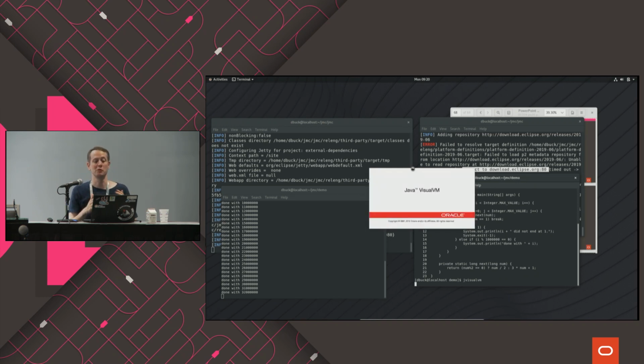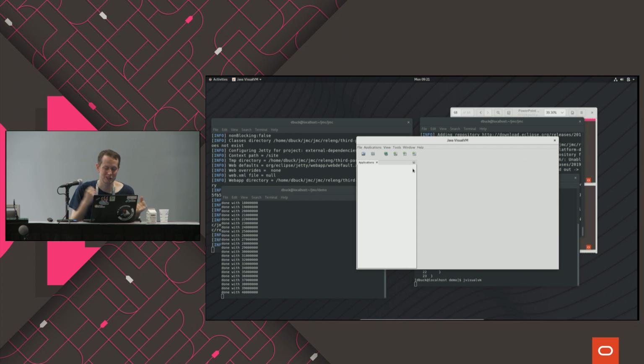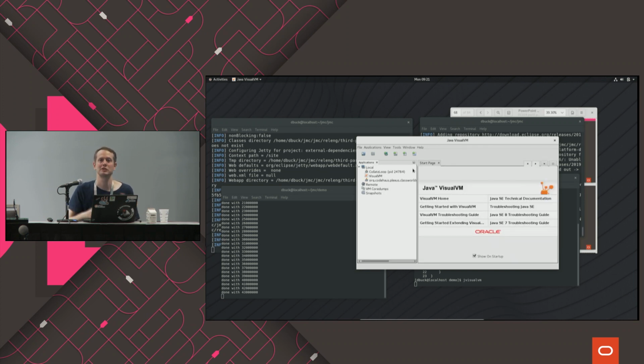VisualVM will have difficulty even connecting to this process because, when the system is trying to reach a safe point, all the other threads are like, yes, I'm done, I'm in a good place, but there's one thread that the JVM will still wait for. So doing things like connecting using the attach API can be delayed.